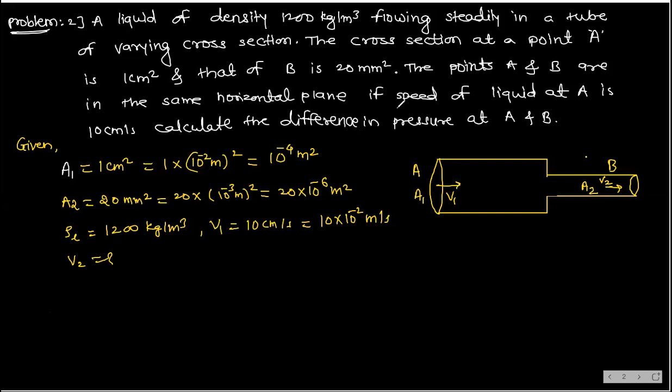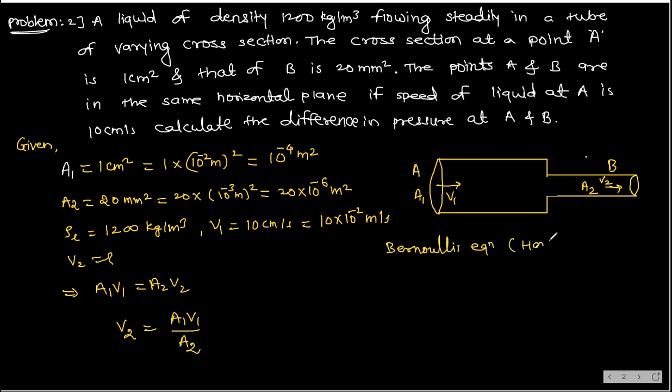Okay. So now you first use A1 V1 is equal to A2 V2, and therefore V2 is equal to A1 V1 divided by A2. So from this you will get V2, and after that you can use Bernoulli's theorem for horizontal pipe again. For horizontal pipe, okay. I think from here onwards you can go ahead.